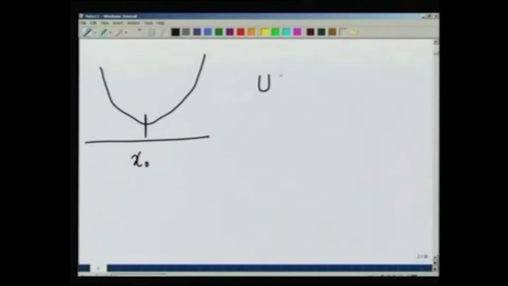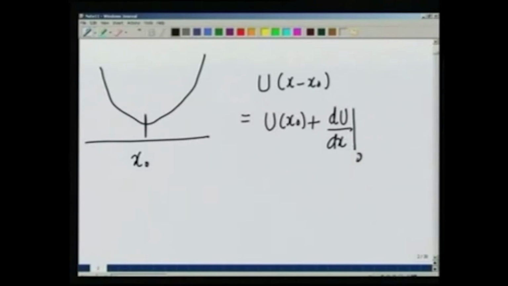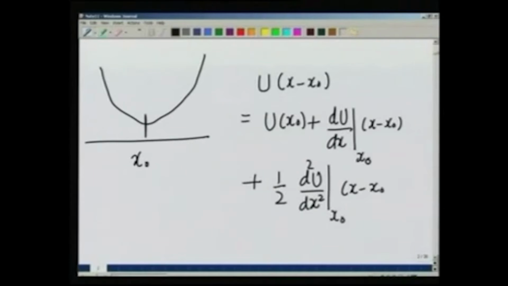Then U at a point x away from x0 can be written as potential energy at x0 plus the derivative of potential energy at x0 times x minus x0 plus 1/2 the second derivative of the potential energy at x0, times x minus x0 squared, as long as x minus x0 is small enough, plus higher order terms.